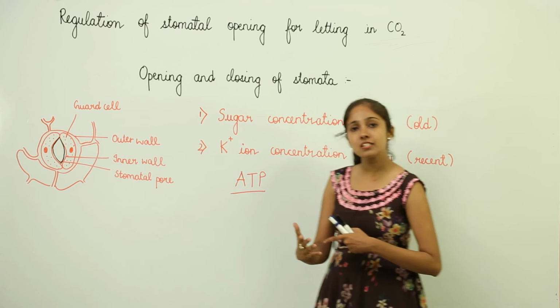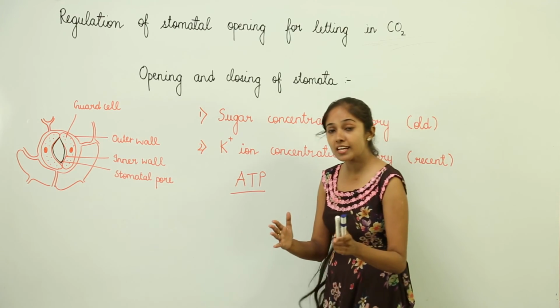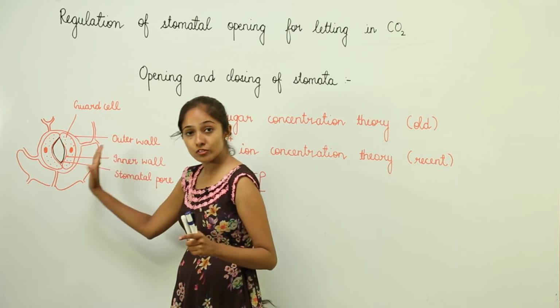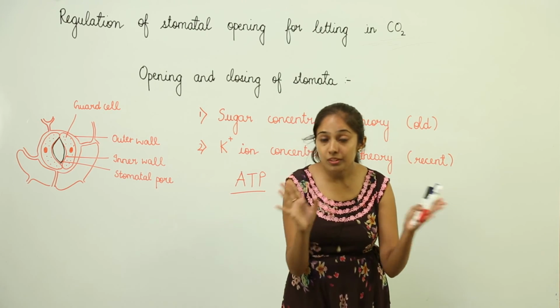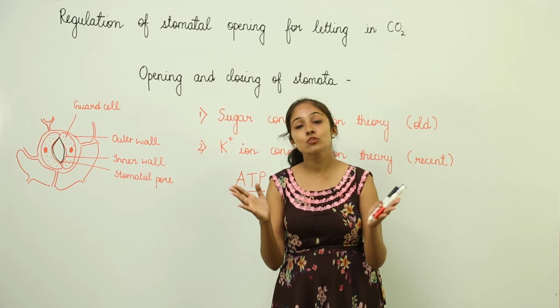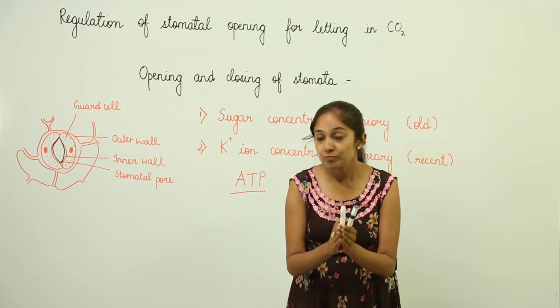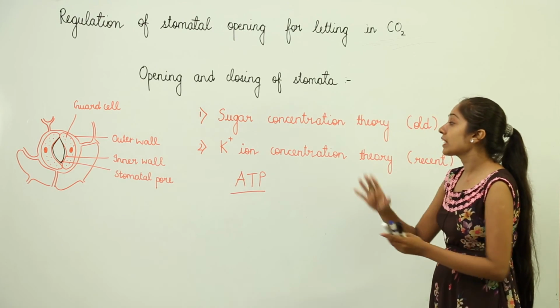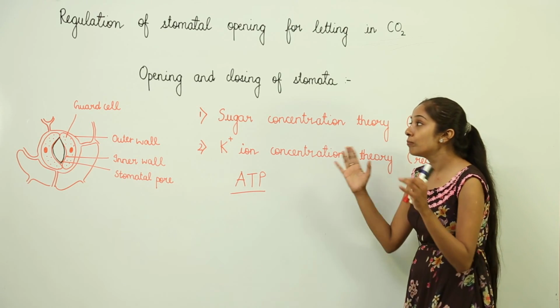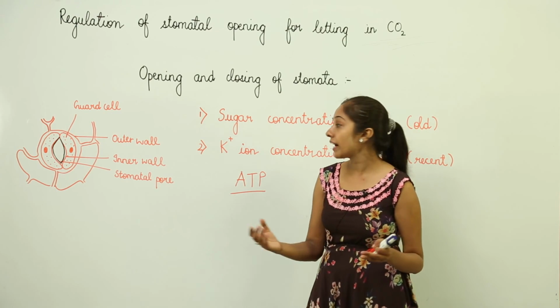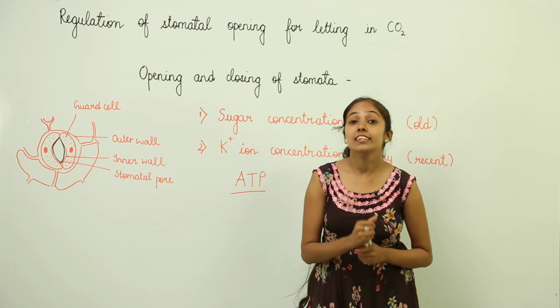And reverse happens during night. The potassium ions are going to go out of the guard cells, and this is going to lead to the oozing out of water from the guard cells, and then finally leading to the closing of the stomatal pore. So this is what is conveyed by the potassium ion concentration theory, which is a recent theory which says that the opening and closing of stomata is controlled by the potassium ion gradient that develops.